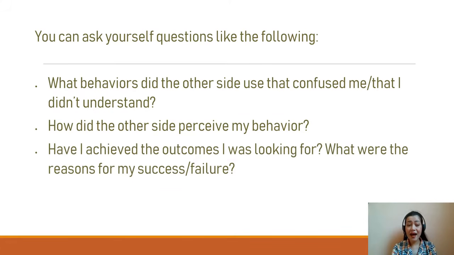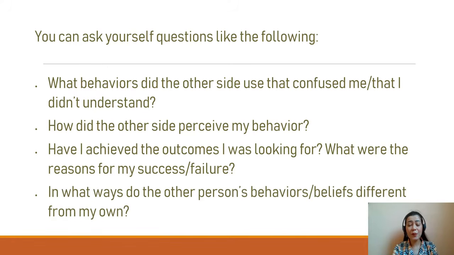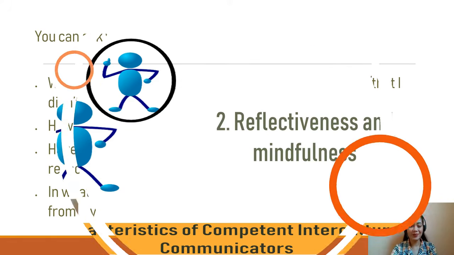Next, have I achieved the outcomes I was looking for? What were the reasons for my success or failure? Lastly, in what ways are the other person's behaviors or beliefs different from my own? So you can use these questions to assess your actions or your behaviors in the situation that you were in.